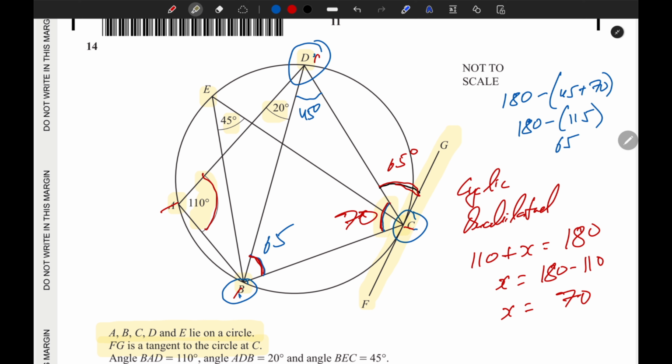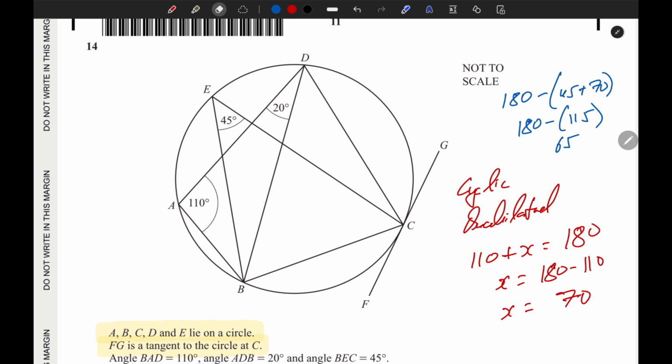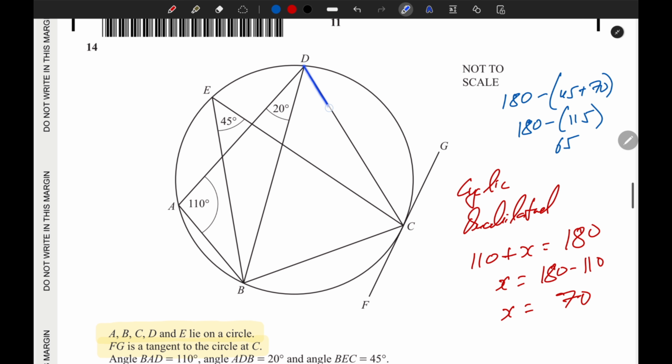Now I'm just removing everything so that I could explain it to you. The angle in alternate segment. See, this angle DCG, which is this angle, will be equal to this one. This we have calculated to be 65.